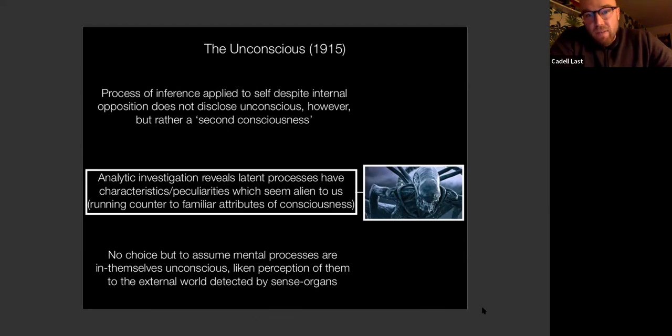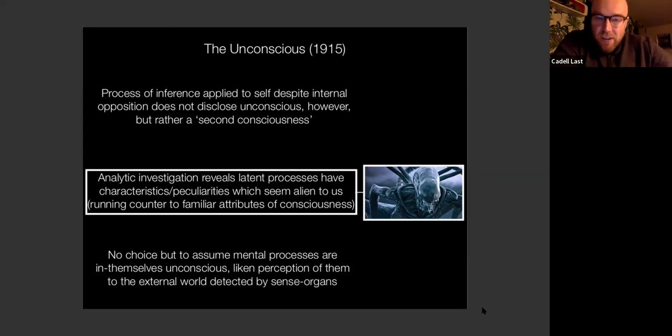So the process of inference applied to the self, despite internal opposition, there's always going to be internal opposition, still does not disclose the unconscious, but rather creates a second consciousness. So in other words, even if we overcome the hurdle of accepting the unconscious, simply thinking about the unconscious from the perspective of the conscious does not reveal the contents of the unconscious.